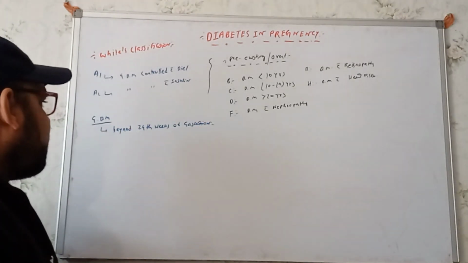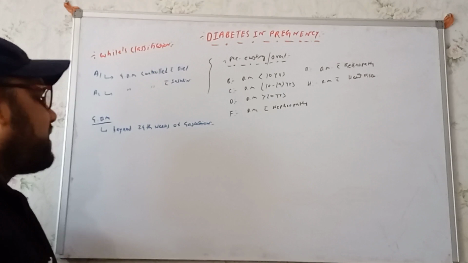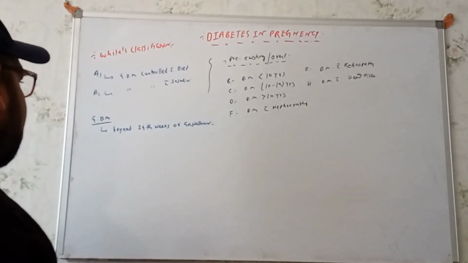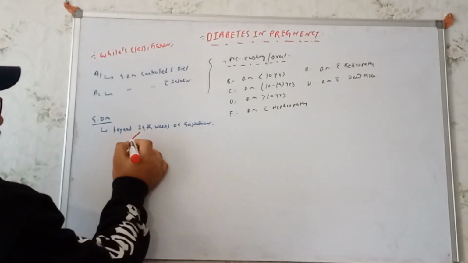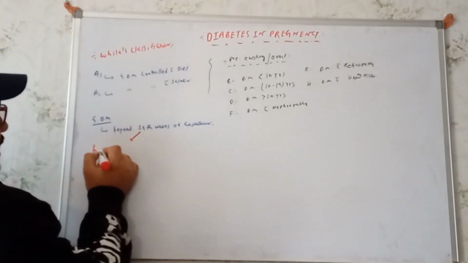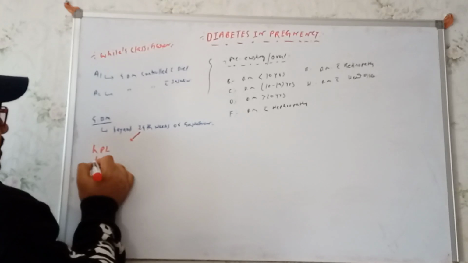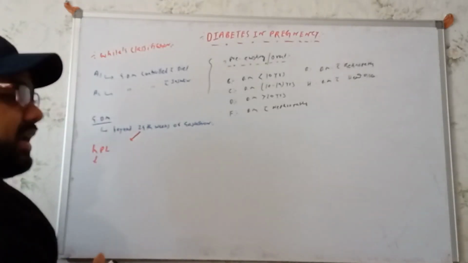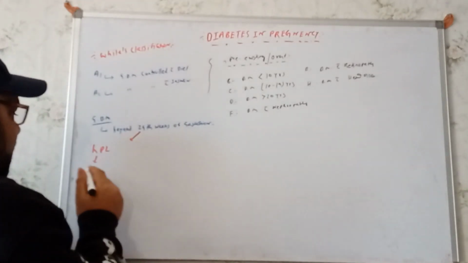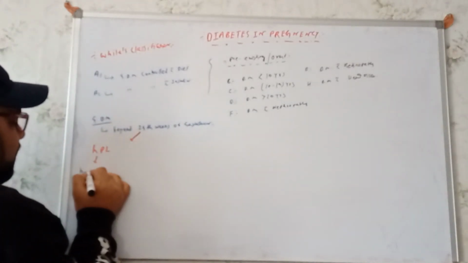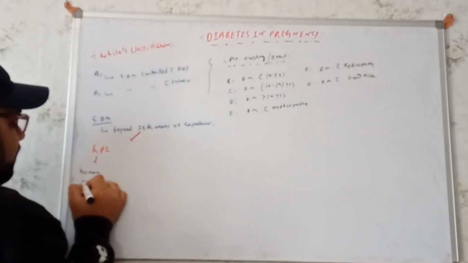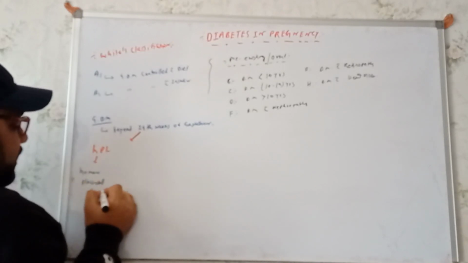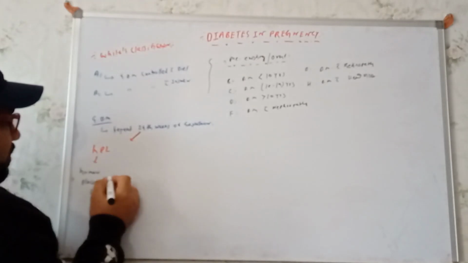Because after 24 weeks we see the secretion of one hormone from the placenta. What is the name of that hormone? It is known as HPL, human placental lactogen.